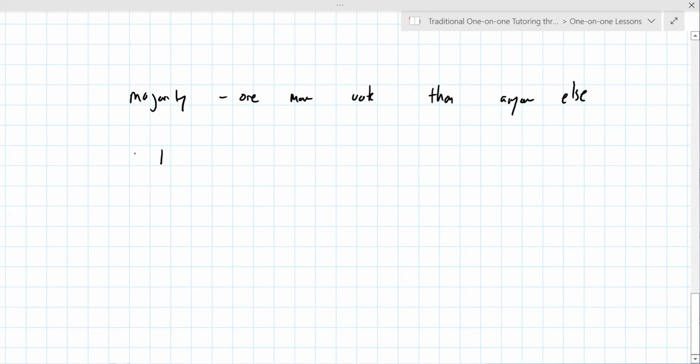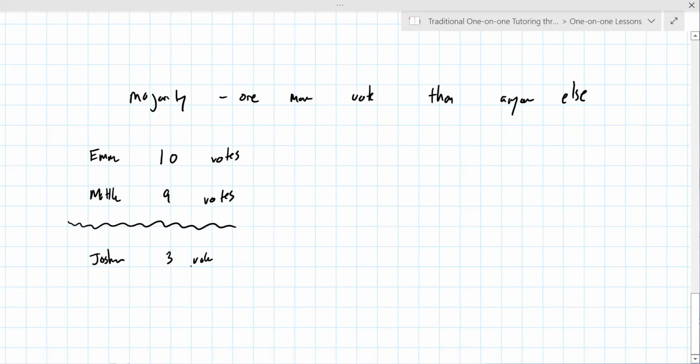Let's say Emma gets 10 votes and Matthew got 9 votes. By majority, you win. Everyone else here, let's say your brother got 3 votes, dad got 2 votes, and the person down the street got 2 votes. You don't care. This should be irrelevant because you got 10 votes.